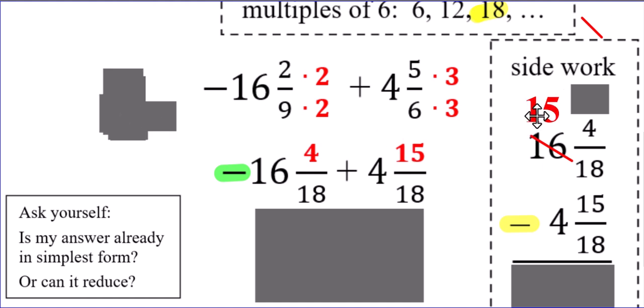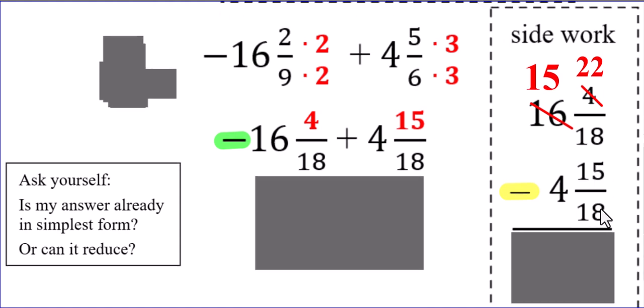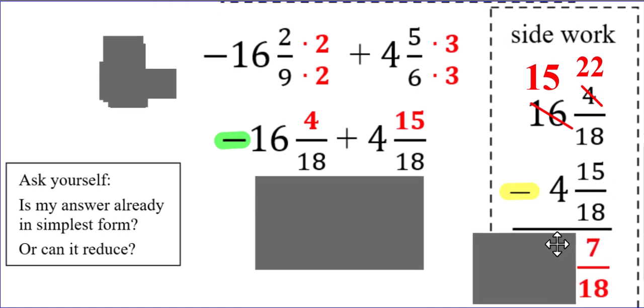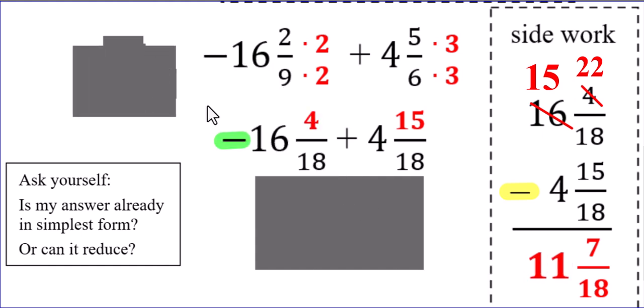And then I'm going to convert that whole number of 1 to 18/18. And then I'll add that 18/18 to the 4/18. 18 plus 4 is going to give me 22. Now I can go ahead and subtract: 22 minus 15 will give me 7/18. 15 minus 4 will give me 11. You're writing this down along with me.